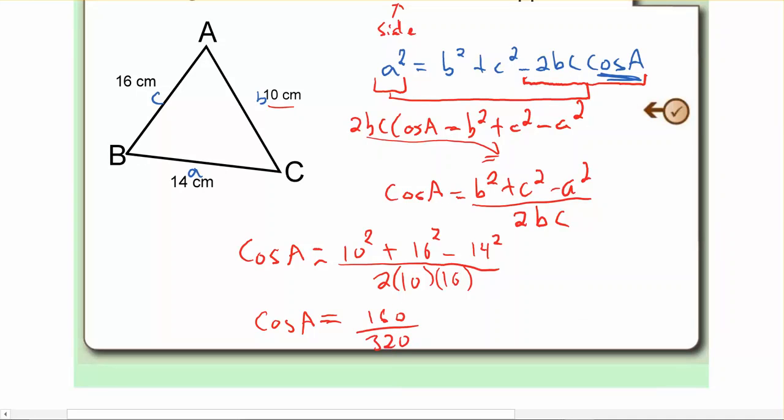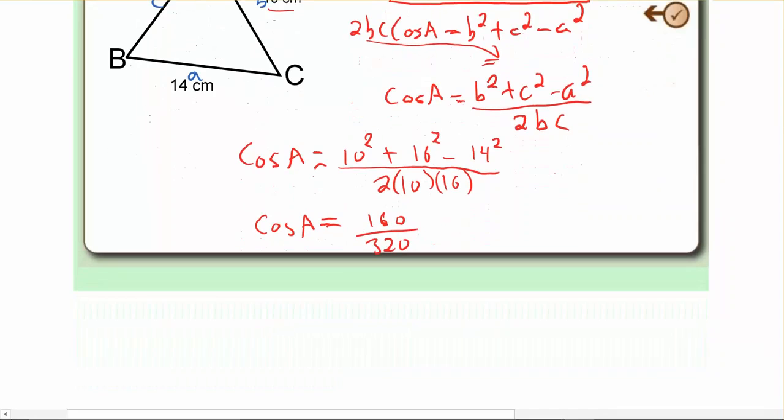Doesn't really matter. You could actually divide those two in your calculator and put it as a decimal as well.